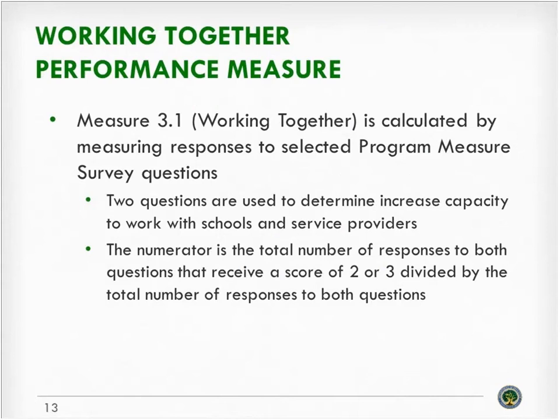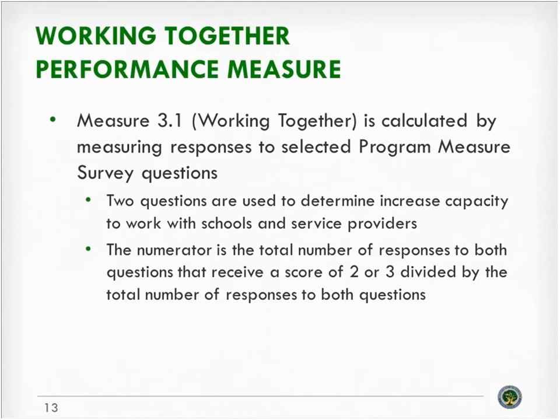For the long-term measure about the parents' increased capacity to work together with professionals and providers, the measure is calculated from the response to 2 questions. The first question is, you are prepared to use the information you receive from the Parent Center. And the second question is, you feel confident in your ability to work with schools and or service providers to meet the needs of your child.